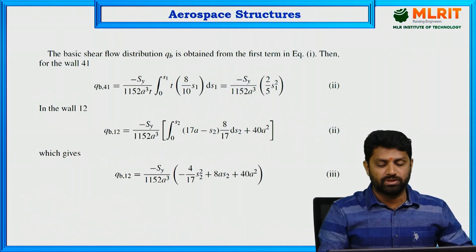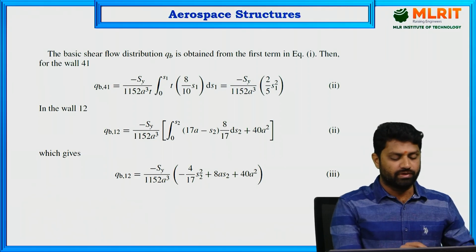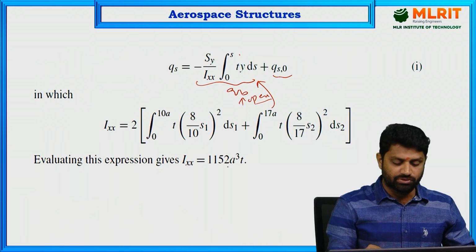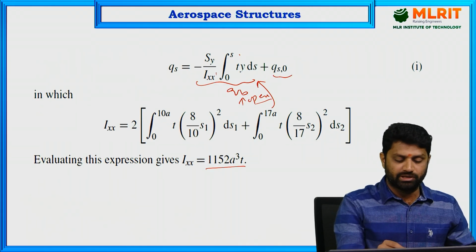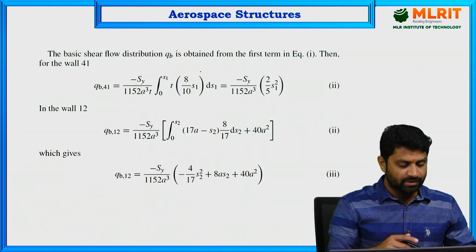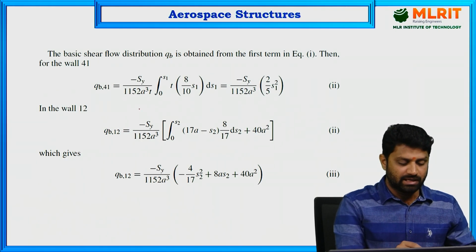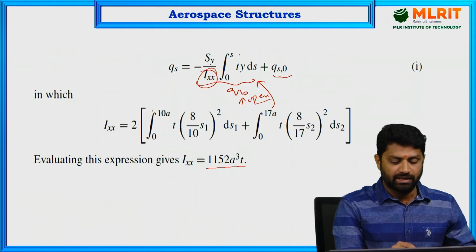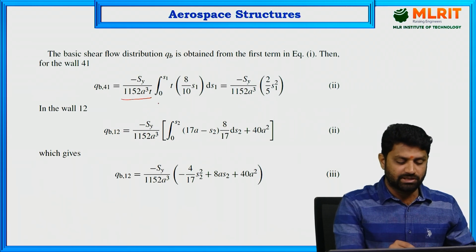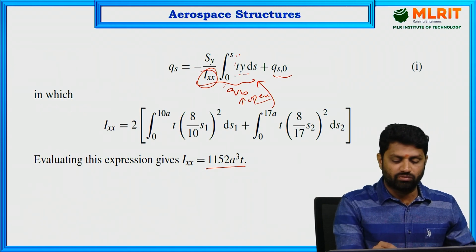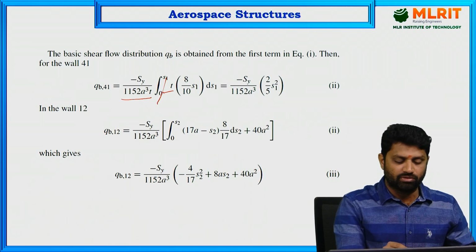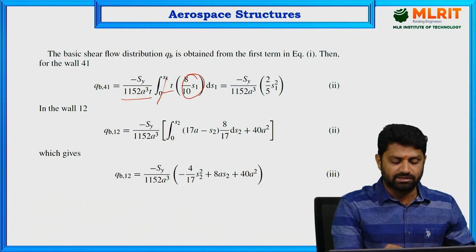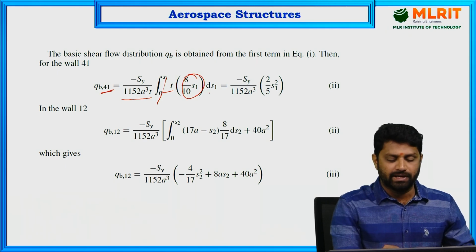When you do that, qb41 equals, substituting 1152 a cube t, minus Sy by 1152 a cube t, integral 0 to s1, t into y into ds. What is y? It is 8 by 10 s1 for the wall 41, into ds1.